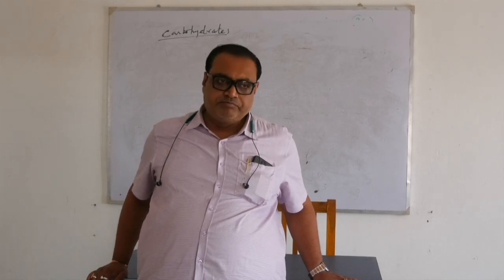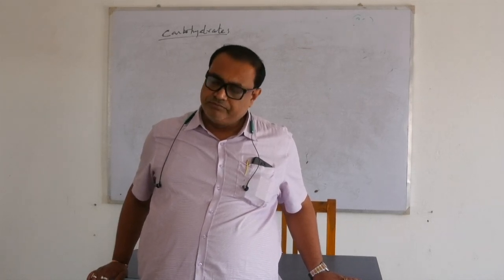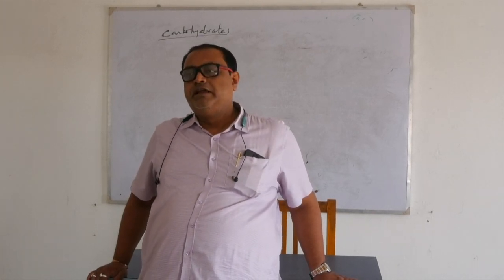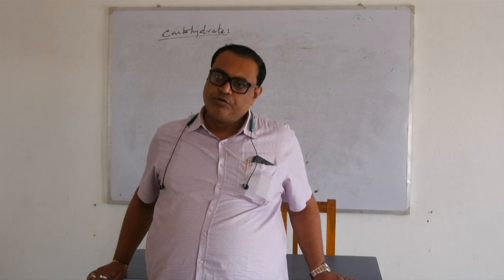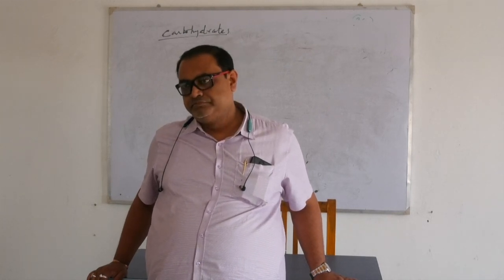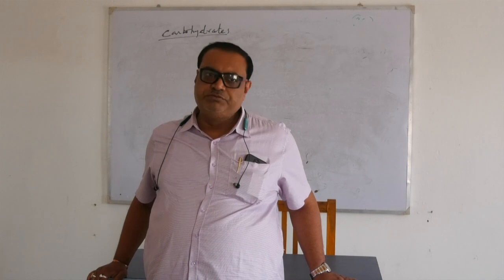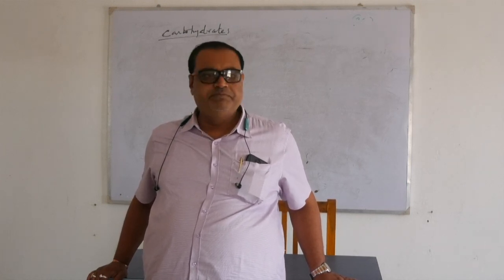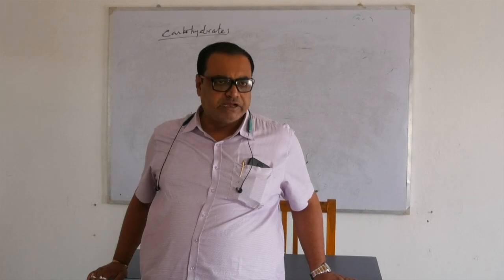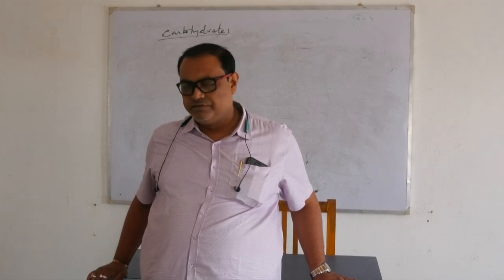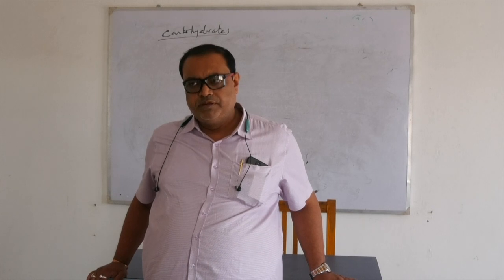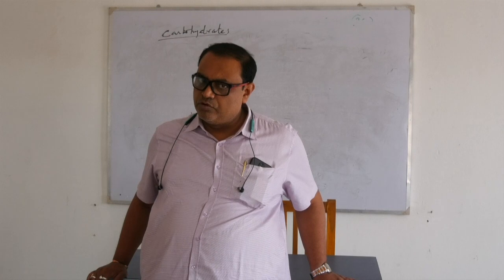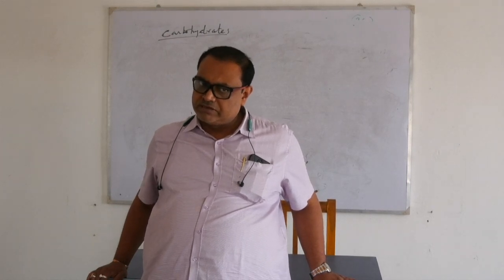What is the percentage of glycogen present in skeletal muscle and in hepatocyte? 2 and 10. 2% of the weight of skeletal muscle can be maximum for glycogen, and 10% of the weight of hepatocyte can be maximum for glycogen storage. Fine. So which organ stores more amount of glycogen? Skeletal muscle or liver?